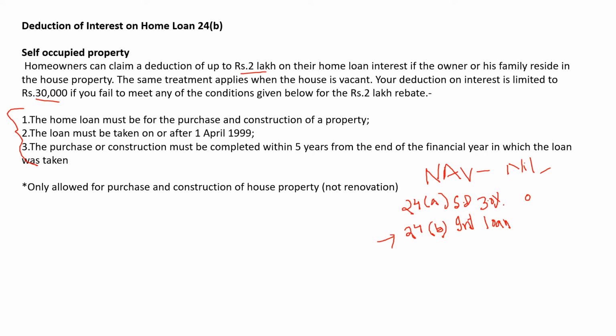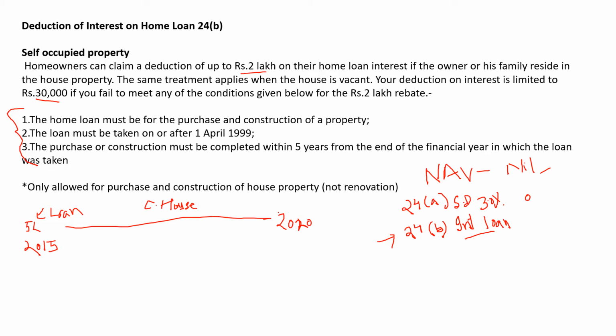Say, for example, I have taken a loan of 5 lakh rupees in 2015 for construction of my house, and the construction was completed in 2020. Let's see whether the criteria are fulfilled. The first condition is that the home loan must be for purchase or construction of property.